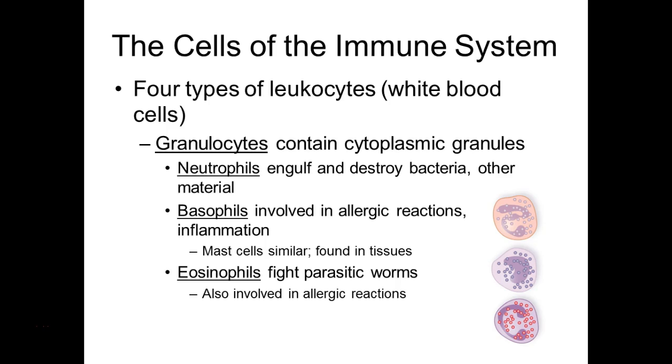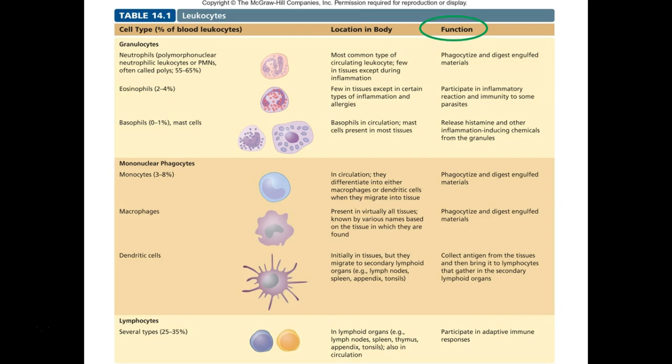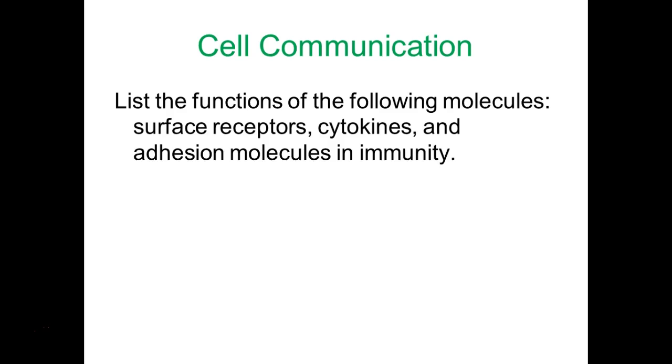So how do cells like these detect and know what's going on in the environment? Chemical signals, right? And they have receptors on their surfaces.